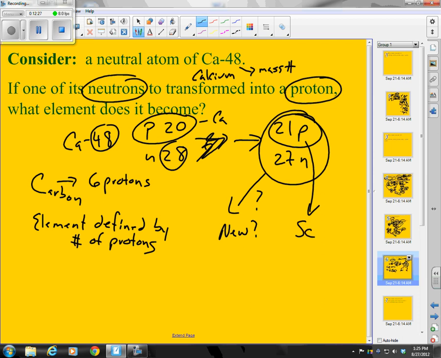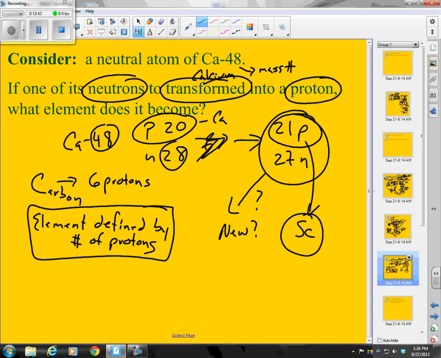Sc. And so I have a new element. So a new element was formed when one of the neutrons became a proton. Got it? It is the number of protons right here. This is the important thing right here. The number of protons defines the element. If you change the number of protons, you're changing the element. Doesn't matter about changing the neutrons, just the protons. Good.